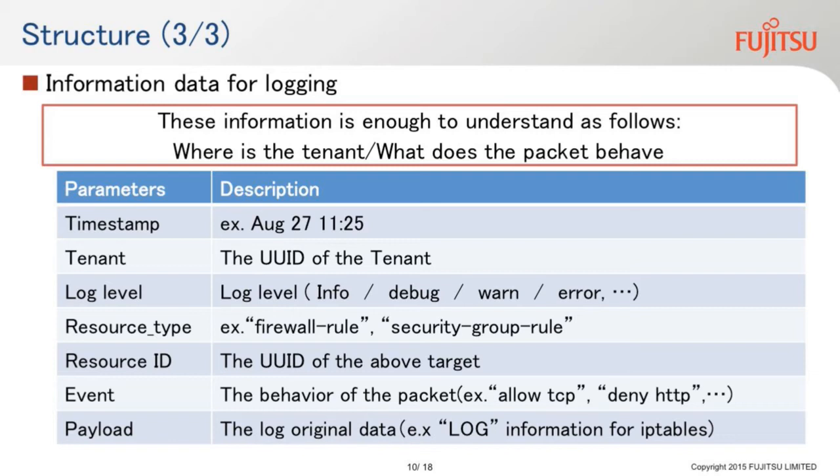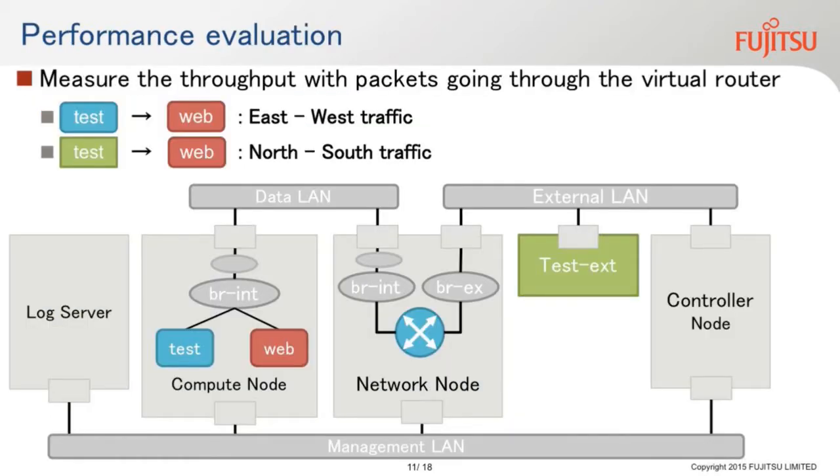Beyond that, we propose some parameters in the table, as you can see: the timestamp, tenant, log level, resource type, resource ID, event, and payload. I do not have much time to explain in detail. That is only the current design of the logging filter.